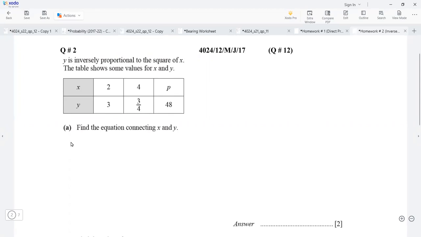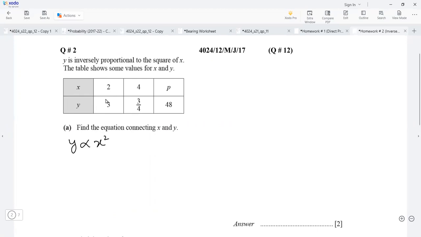For this, we just stick to the first method, with y and the proportionality sign. It is written that y is inversely proportional to the square of x, which means we have to write x squared here. If you forget to put the square sign here, you will be wrong. So remember this: read the question carefully and then solve it, otherwise there are more chances of making mistakes.